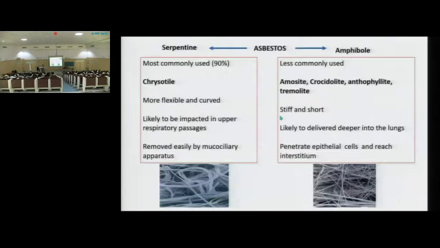So again, asbestos occurs in two forms. We have seen in silica the crystalline and amorphous forms, while in asbestos there are again two forms: one is serpentine and the second is amphibole. Which is more dangerous? Amphibole is more dangerous. Why? Because they are more stiff.